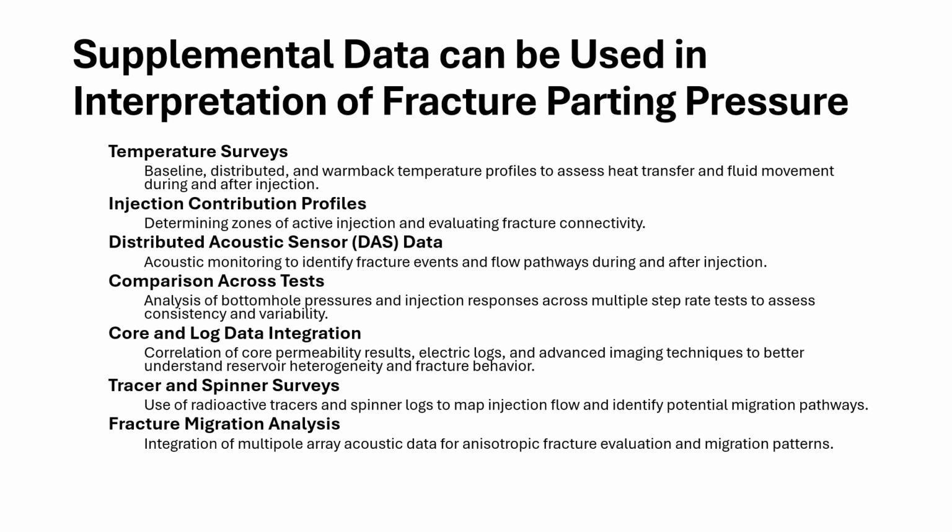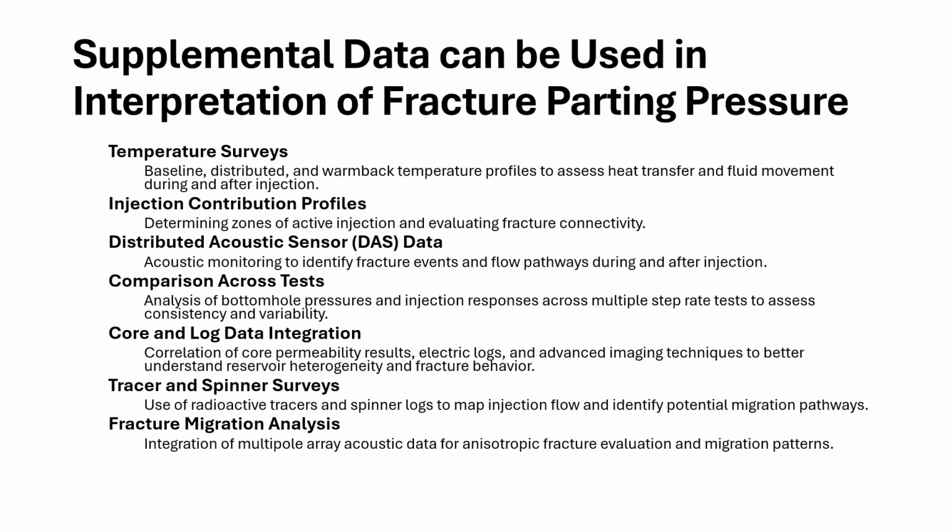We'll show you a figure that discusses this, to assess the heat transfer and fluid movement during and after injection. It shows how much temperature effect can occur. You are injecting cool fluids into a warm formation, so you're going to lower the temperature of that formation, and you can see that with a temperature survey.